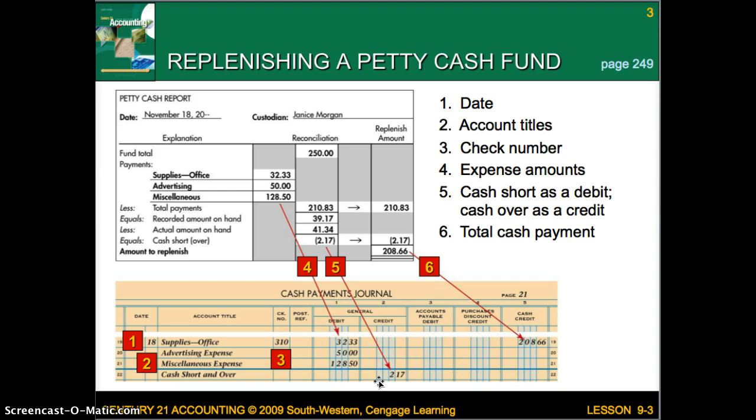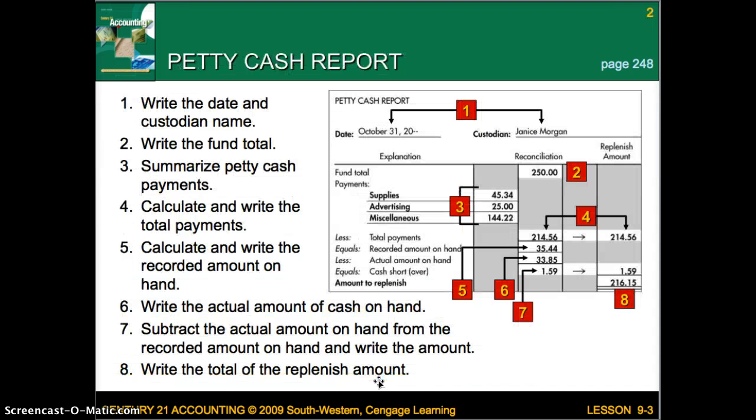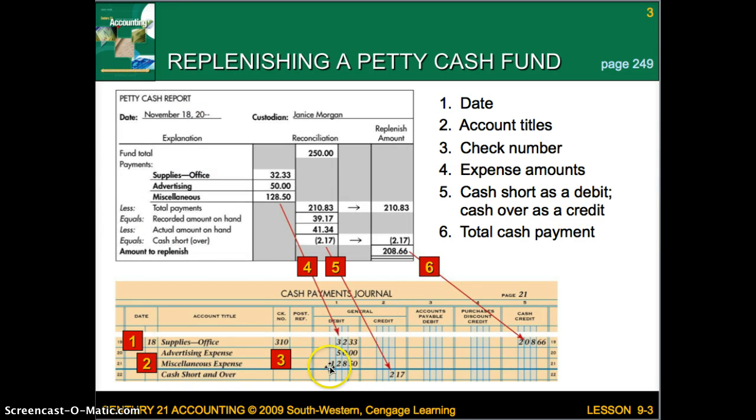In our first example, back here, when we were cash short, it would have been here as a debit. Okay, so we're going to debit our accounts. We need to debit or credit our cash short and over, whatever that will be, and then whatever amount that we are going to replenish to get back to our original amount needs to go in our cash credit on that first line.